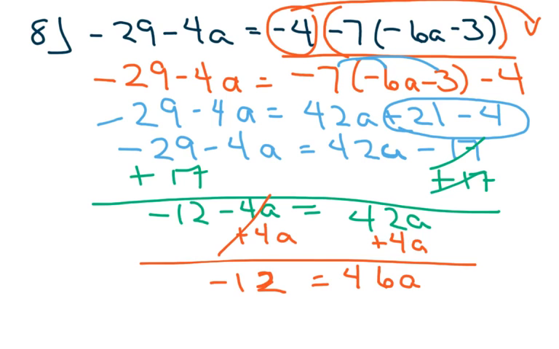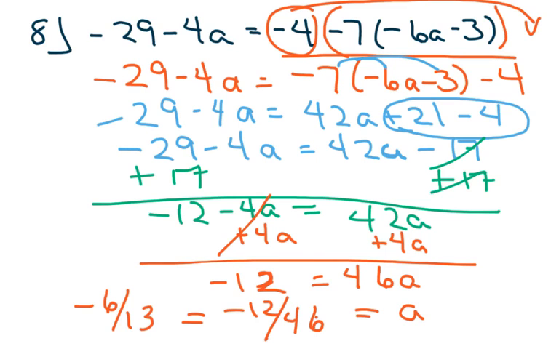And if you divide both sides by 46, you get a equals negative 12 over 46, and you can reduce that as negative 6 over 13. So my solution set is negative 6 over 13.